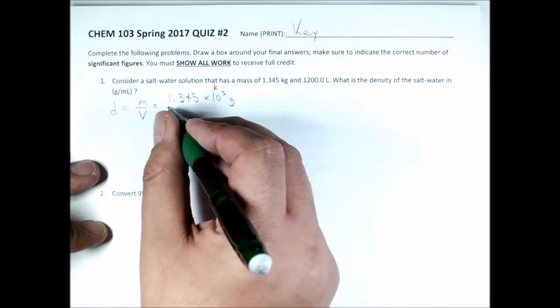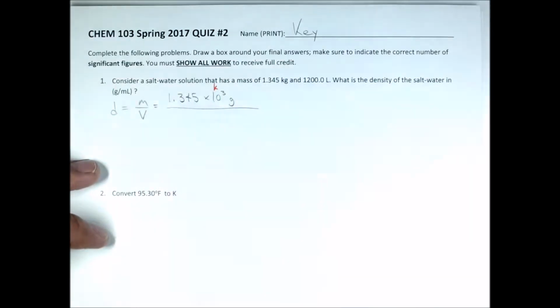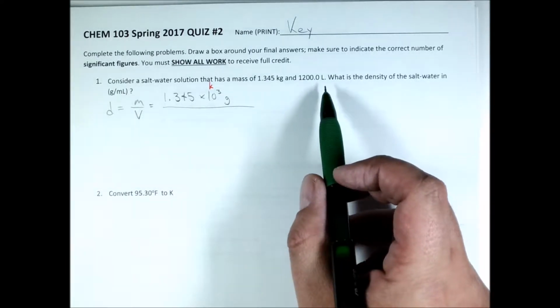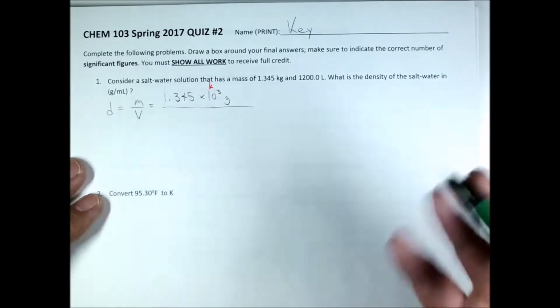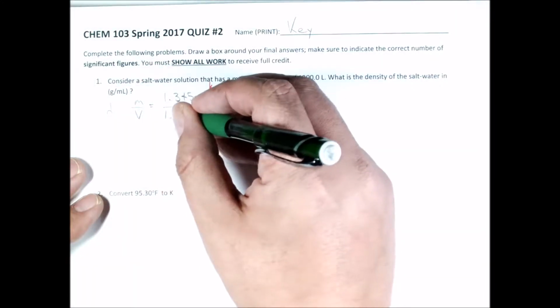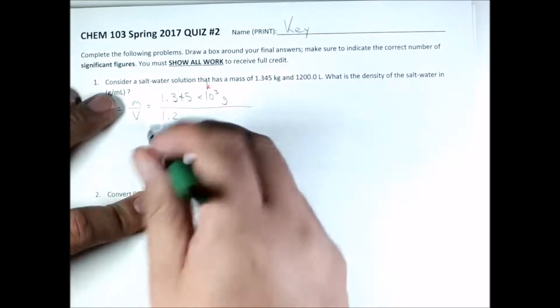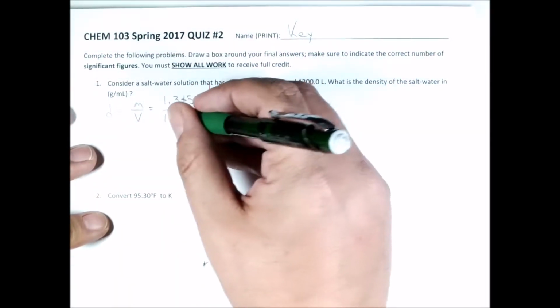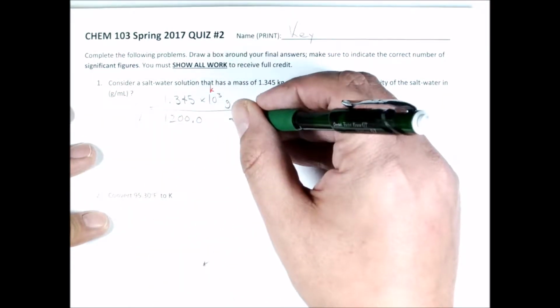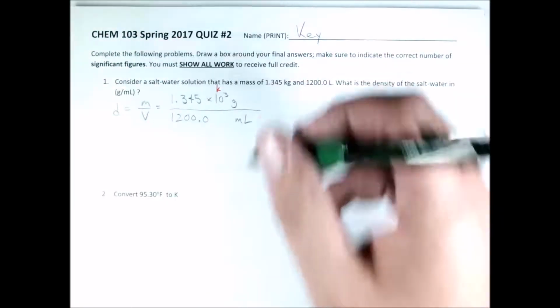All right, I can do something similar on the bottom. I want this to be a milliliter. So let's just go ahead and put the number as written. So it's 1200.0, and I want to go ahead and say milliliters.